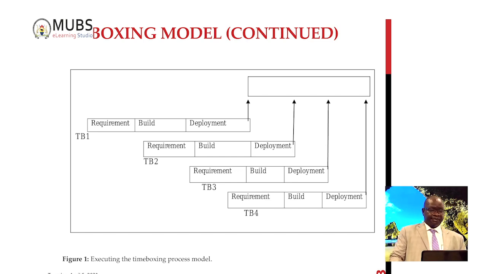Now, if you are going to have requirements divided into 4, say for the case of this demonstration, you will have also teams working in these phases. You should have a team for requirements. Maybe you have 3 people doing requirements work. Then those who are going to build the system, maybe 4. And the deployment, let's say you have 2 people.